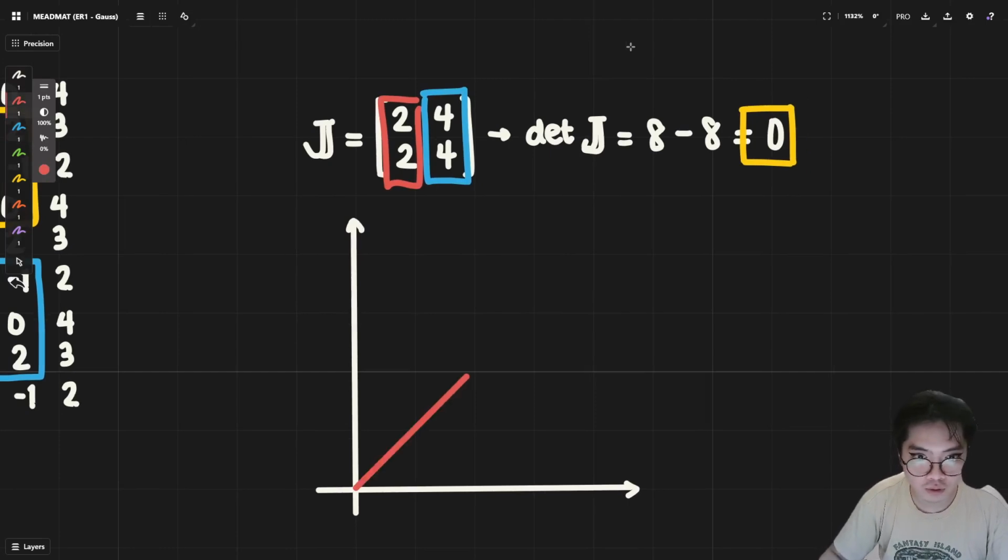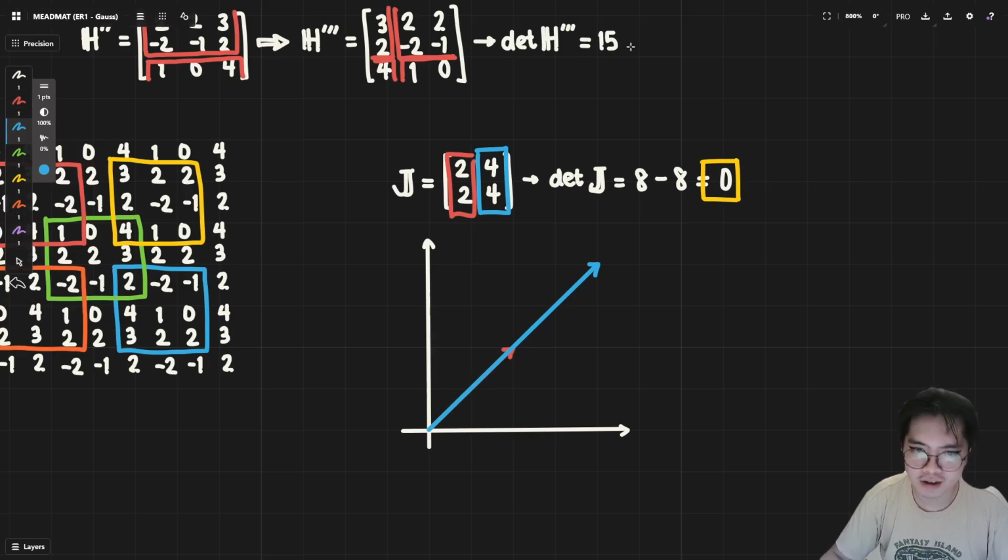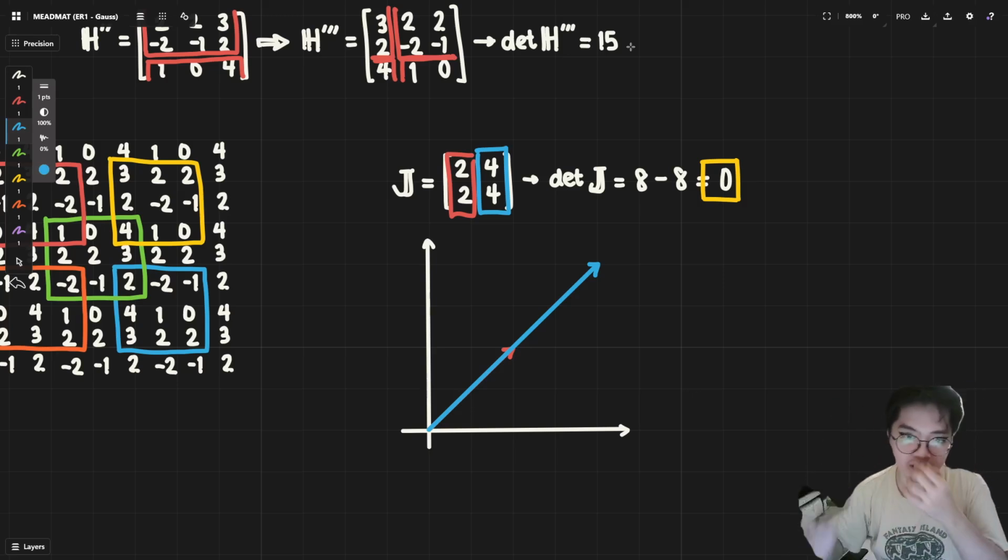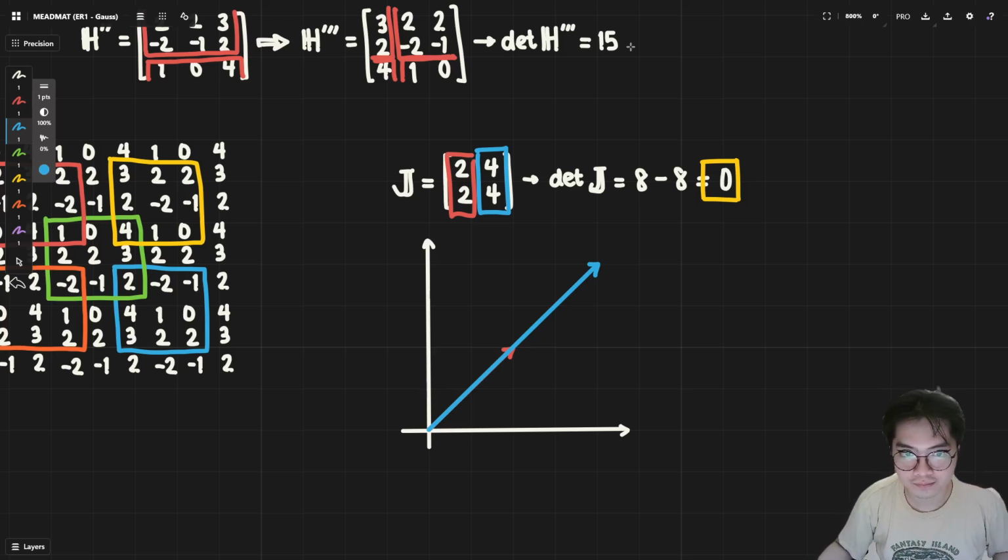So this is your 2, 2, and this is your 4, 4. And so you might ask, what is the area of the parallelogram bounding these two things? Nothing, because they are linear. They create a line of their own.